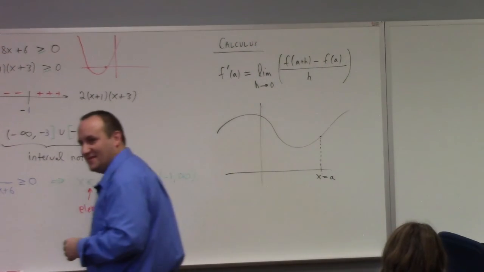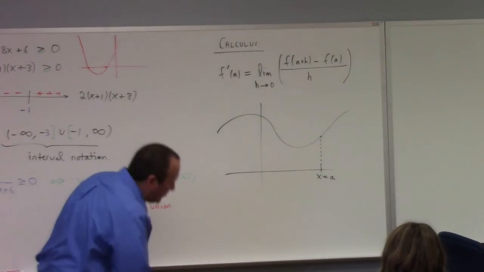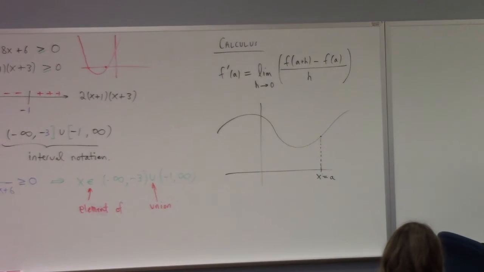Is f prime positive or negative at this point? Positive, right? How do you know that? Yeah, because the slope is positive, right?